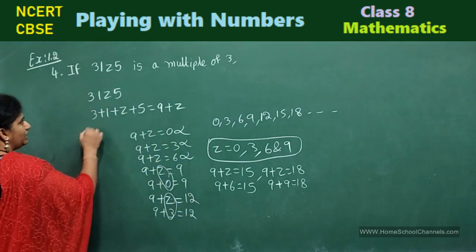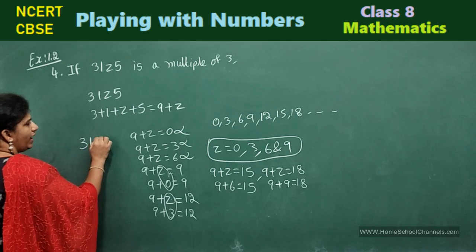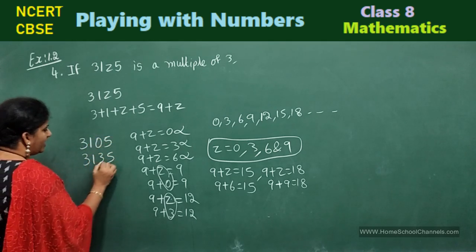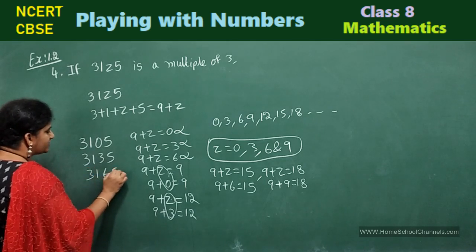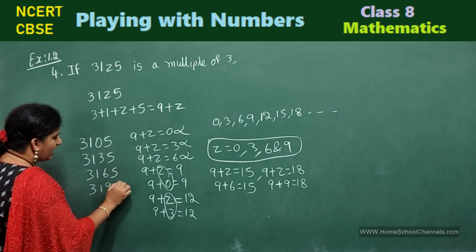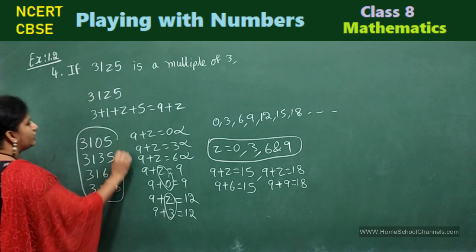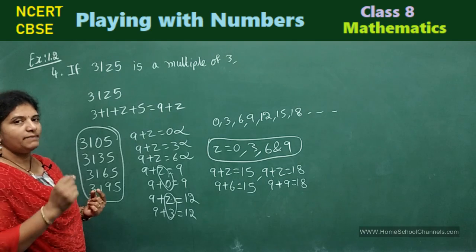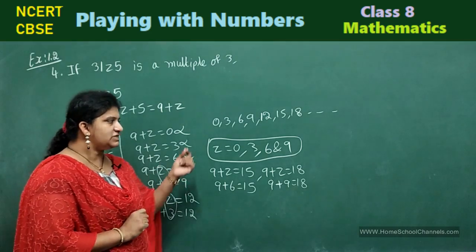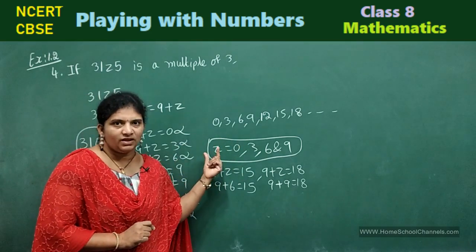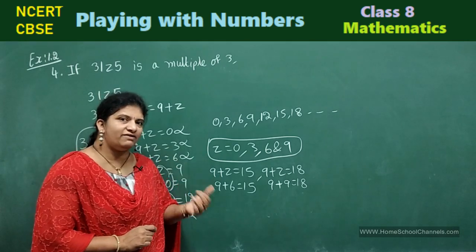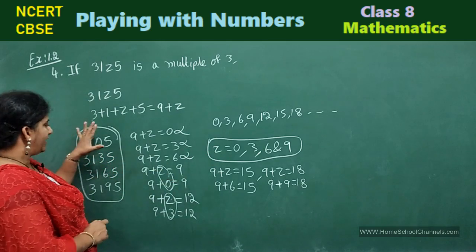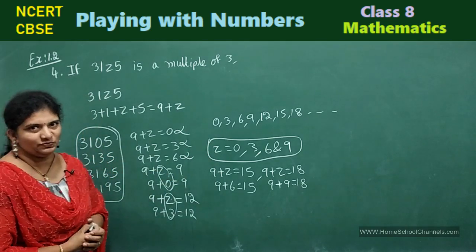The numbers might be 3105 or 3135 or 3165 or 3195. These are all the numbers which are multiples of 3. But in your textbook, they asked only for the digit. What might be the z value of the digit? So this much is enough. But to understand, you can understand with numbers also.